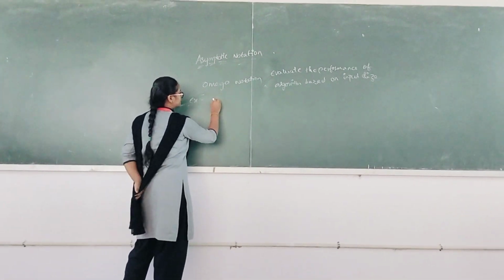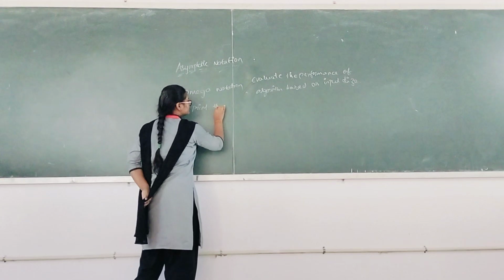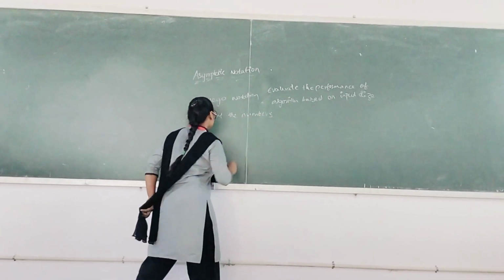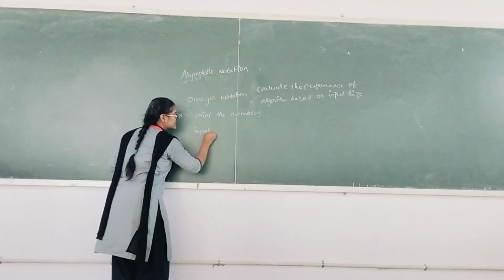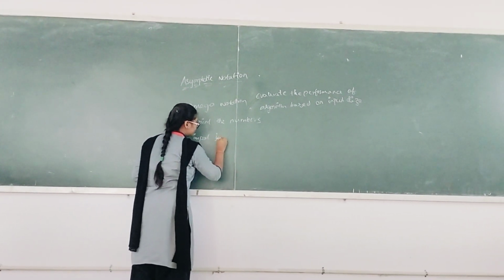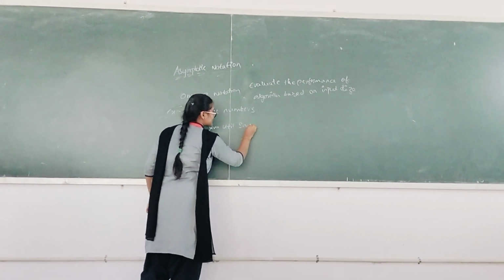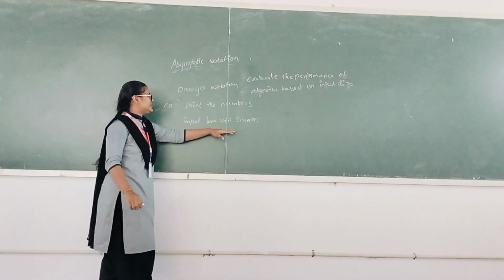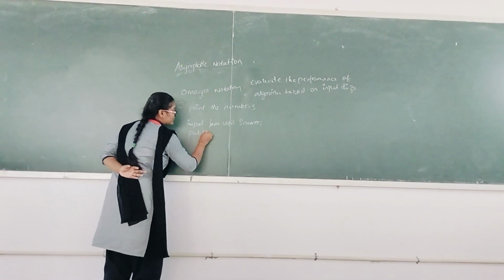Now an example of omega notation: for example, we have to print the numbers. So first we have to take user input. From the scanner we take the user input. After that we have to take the main class.